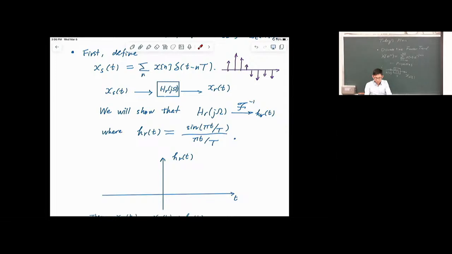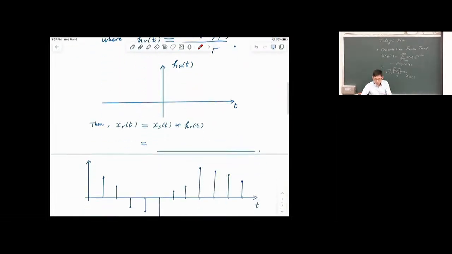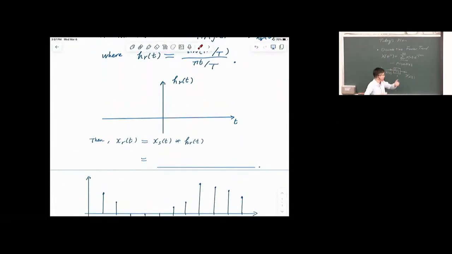We will draw a sketch and discuss what it means to perform smoothing by the sinc function, which is equivalent to ideal low-pass filtering in the frequency domain. So that's the next topic. Ideally, using the sinc function, we call this D2C, the ideal way of converting from discrete time back to continuous time.